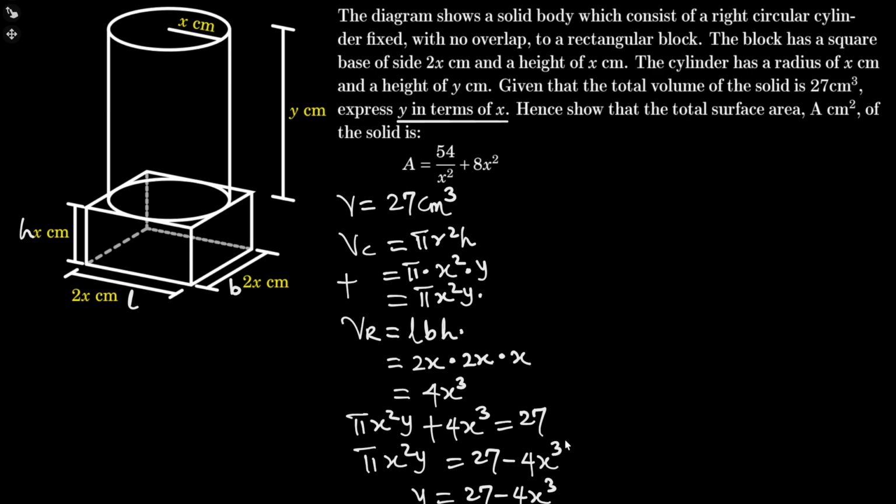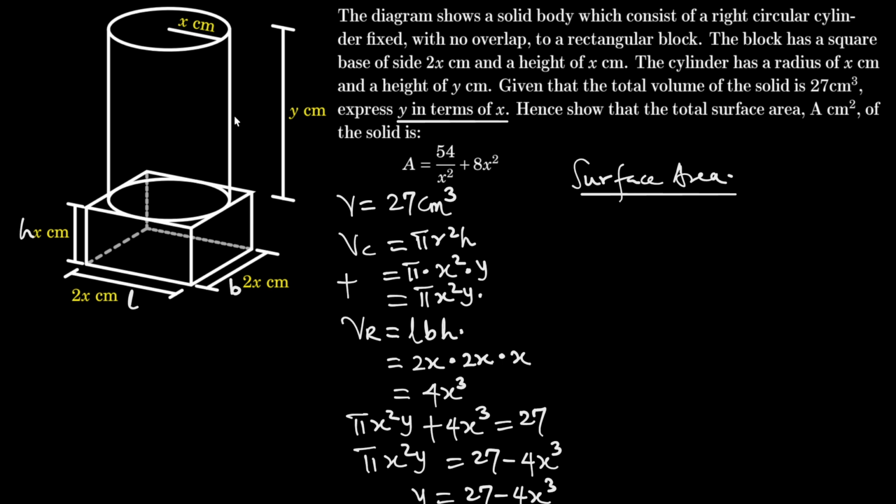Now let's go to the surface area. So first, we're going to start with the cylinder, right? So the cylinder is sitting on the rectangular block, which means that the circular base is not visible to us, so we can't see that.